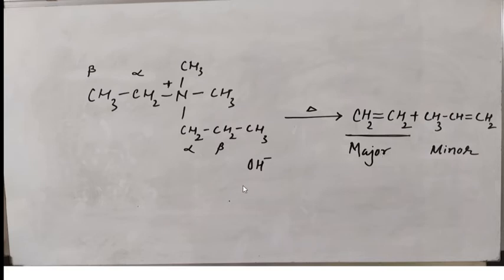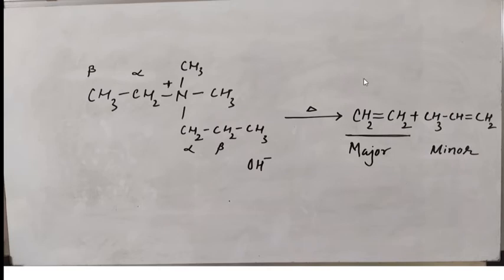And if the base takes away this beta hydrogen from here, and at the same time the cleavage of this bond occurs, it leads to the formation of this propene, 1-propene, as the product. Okay, so it gives 2 different kinds of alkene, but according to the Hofmann rule, the less substituted alkene is the major product.